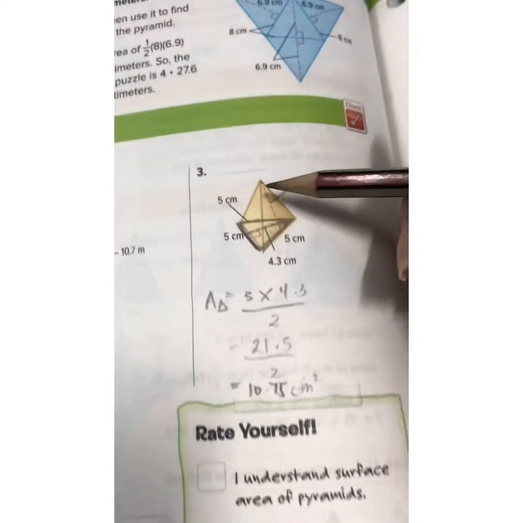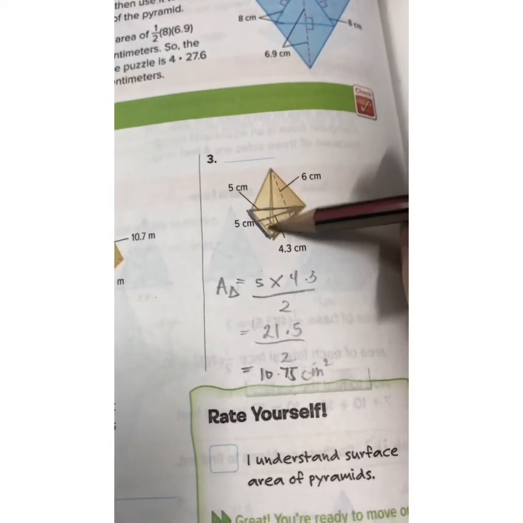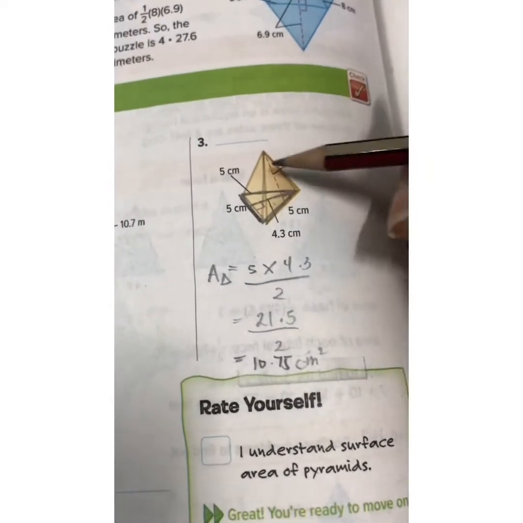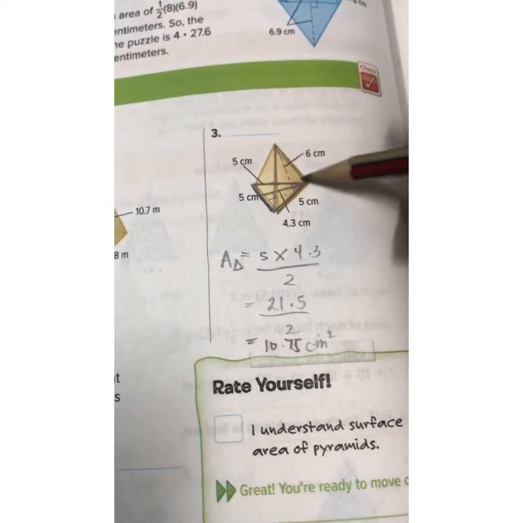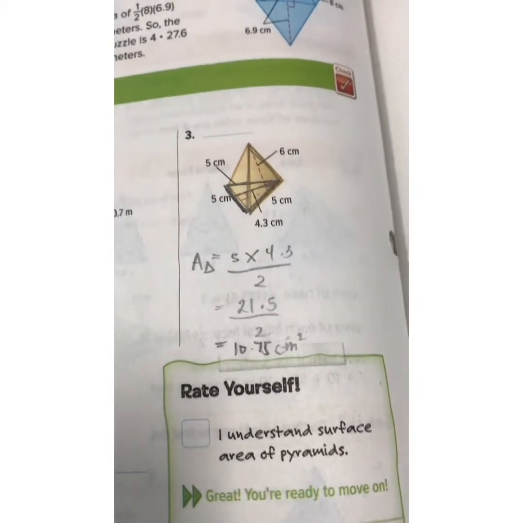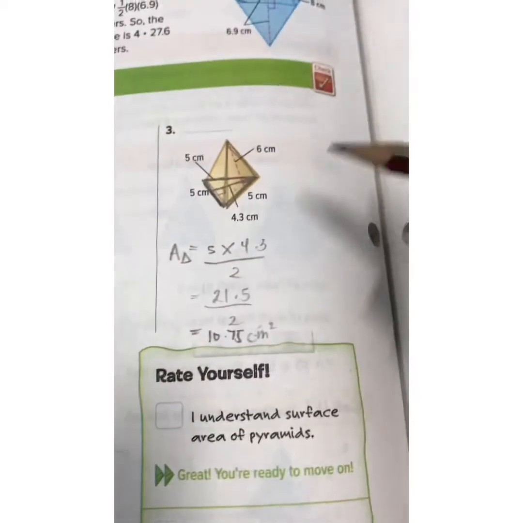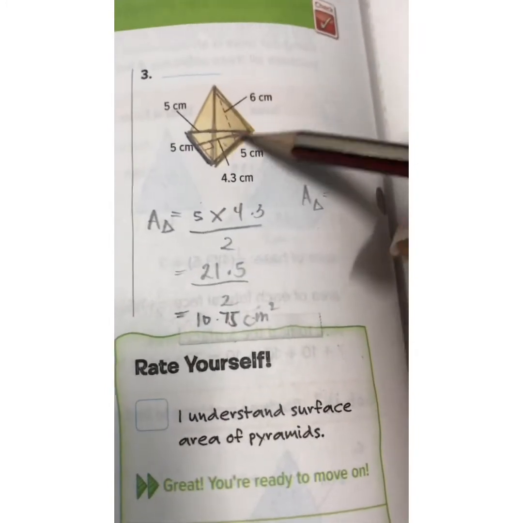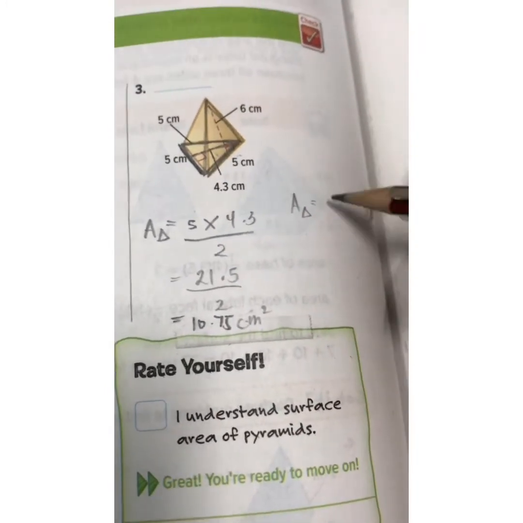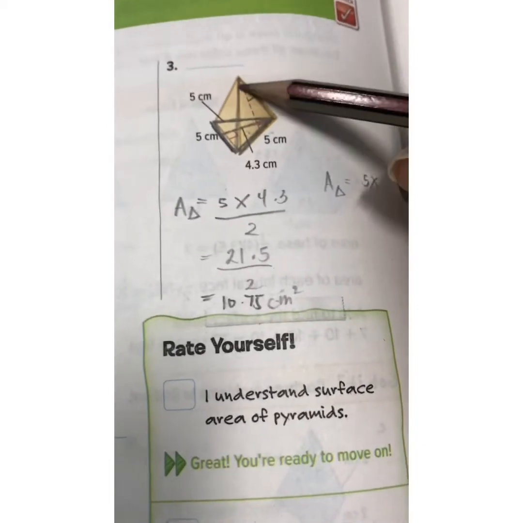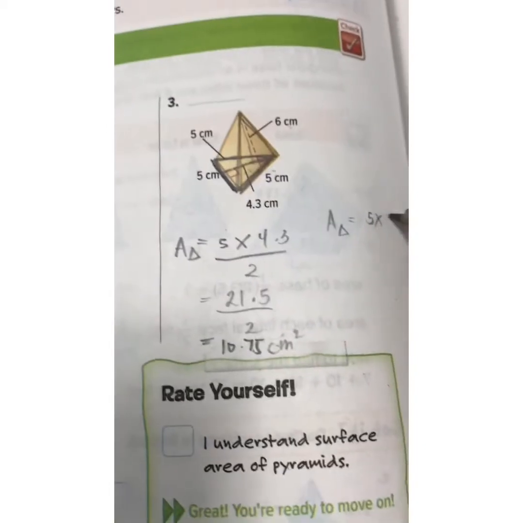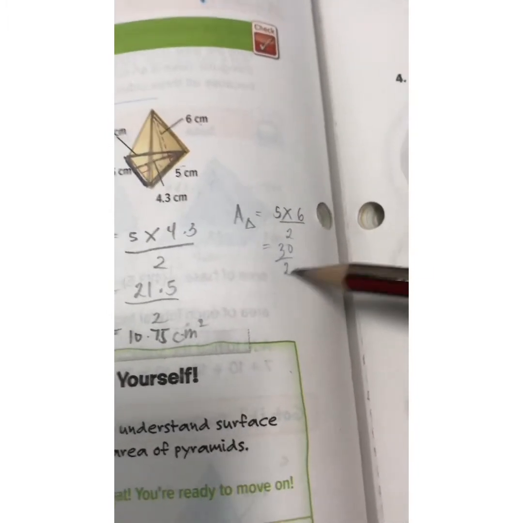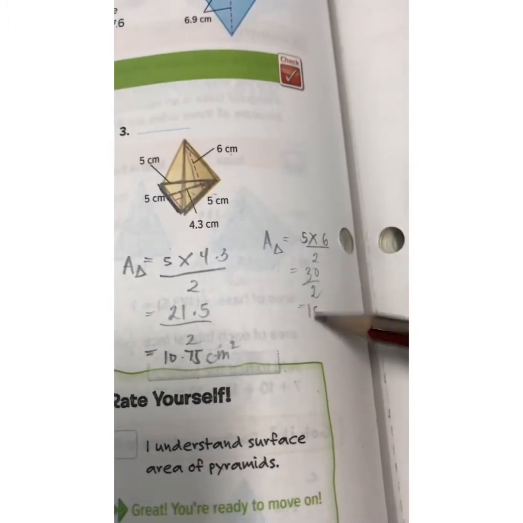Now let's solve for the lateral face. I told you, for a pyramid, you will only solve one face, because it's the same with the other faces if it's a pyramid. So, area of triangle again. The base is also 5 times the height, which is 6, divided by 2. 5 times 6, we got 30 over 2, which gives us 15.